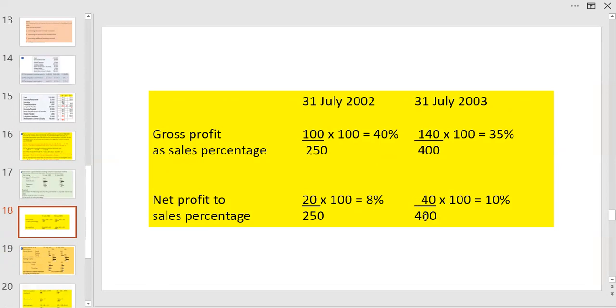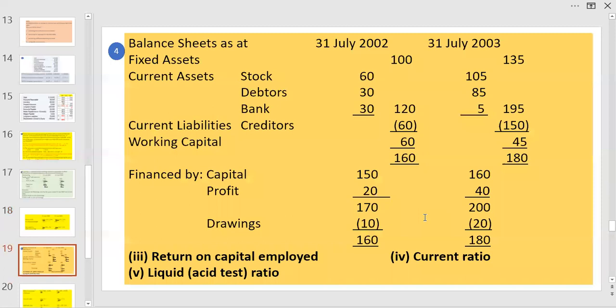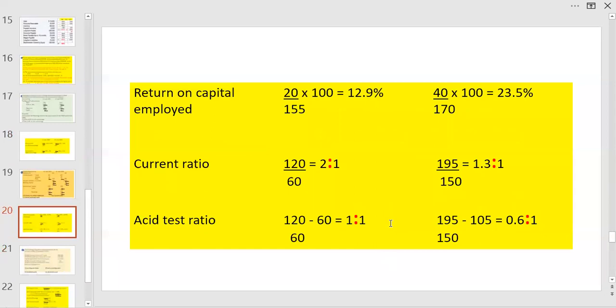In the next question, extracts of balance sheets for 2 periods are given. Return on capital employed, 20 is the profit divided by the average capital employed. Opening capital of 150, closing capital of 160, giving an average capital of 155. 9% for the first period and 23.5% for the subsequent period.